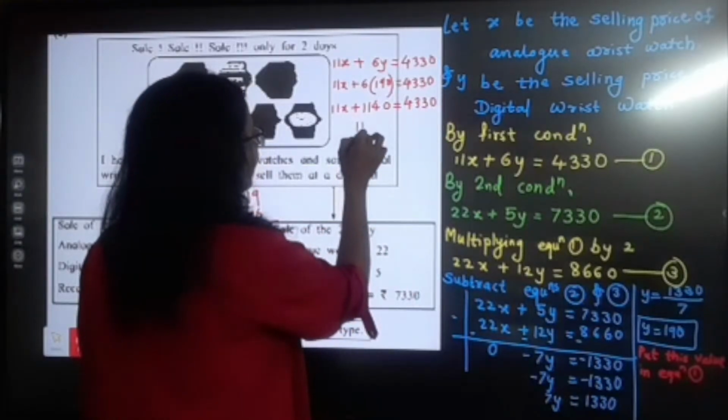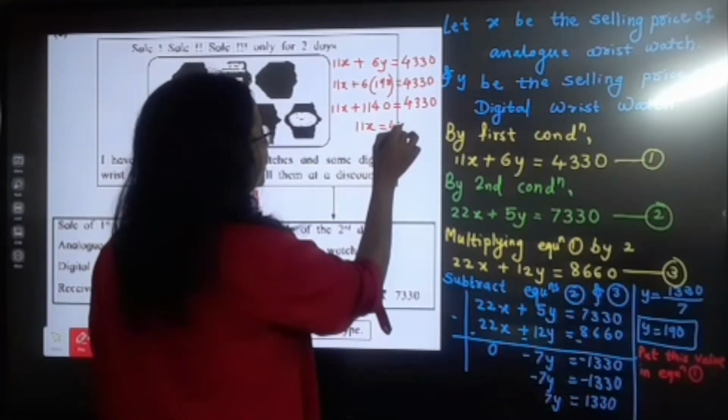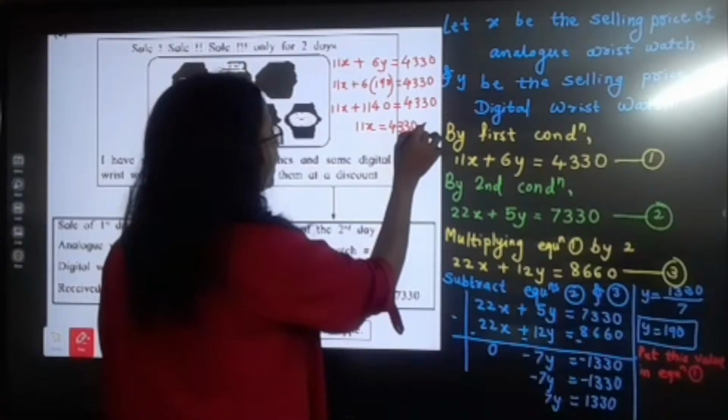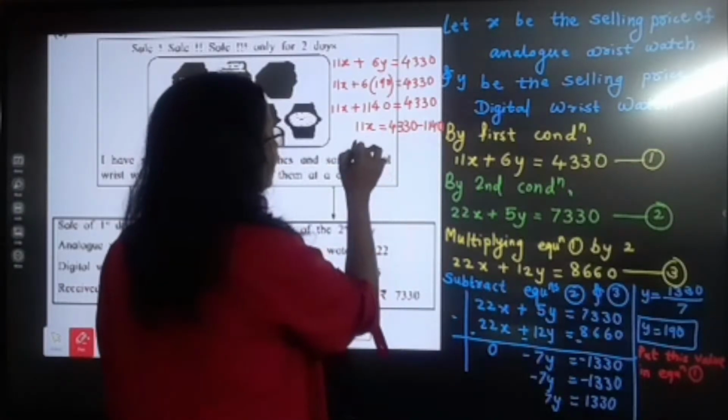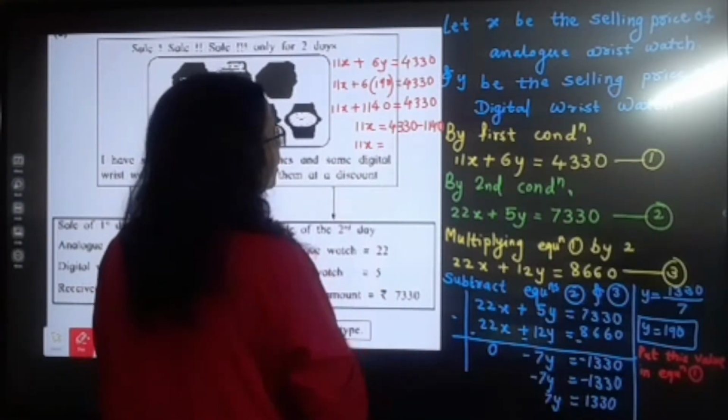So here 11x is equal to 4330 minus 1140.